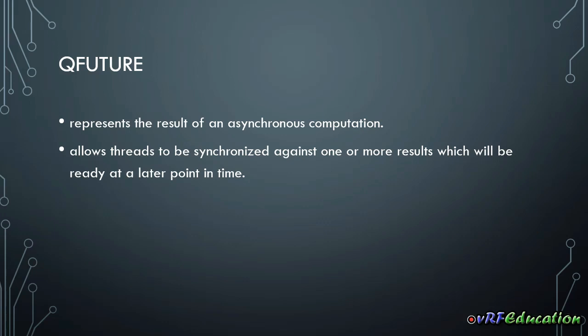QFuture has a lot to check, and I will get to this in the future after we check the map and filter functions of QtConcurrent. But today I'm just going to start using QFuture in order to get a result back from a thread that runs using the QtConcurrent run method. So let's go to the Qt environment and see how we can get the result back using this class.